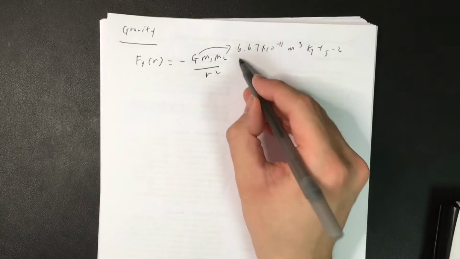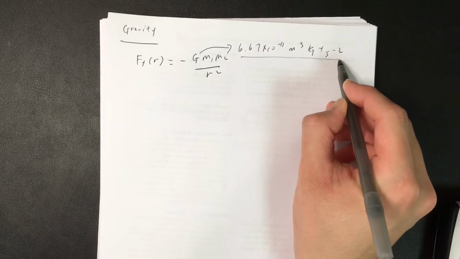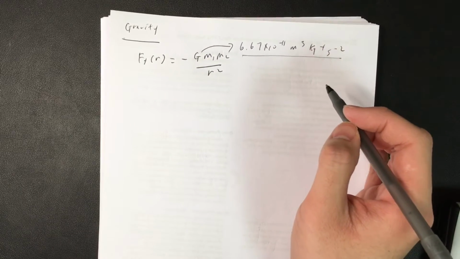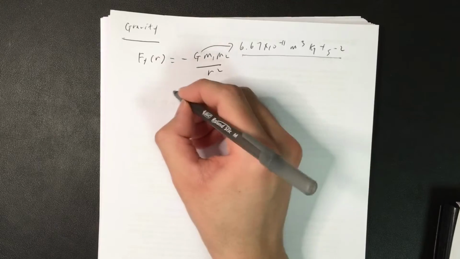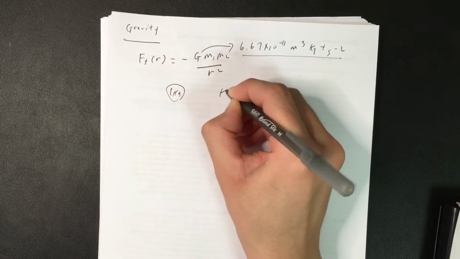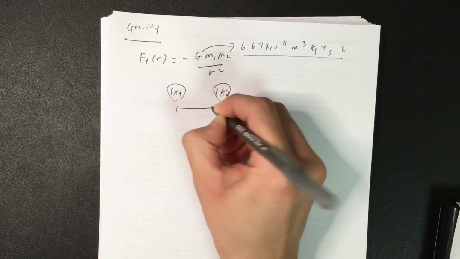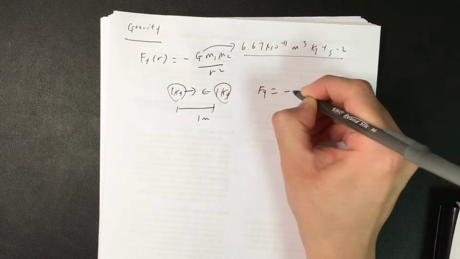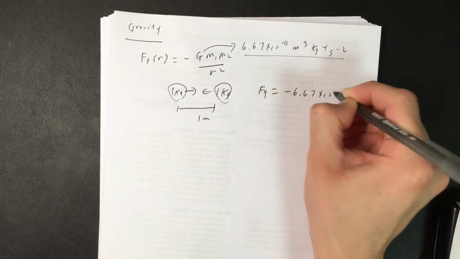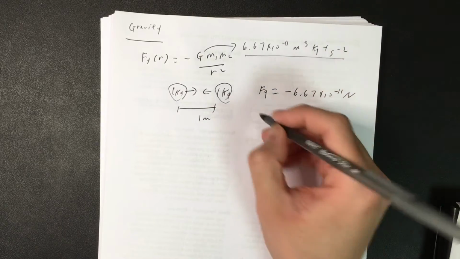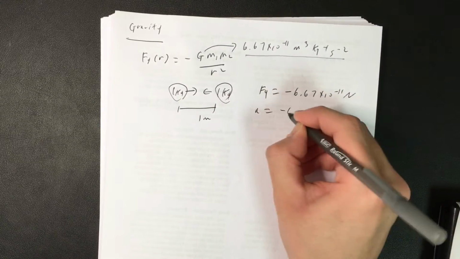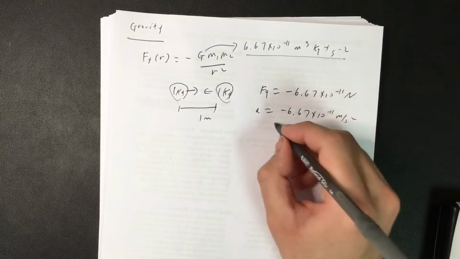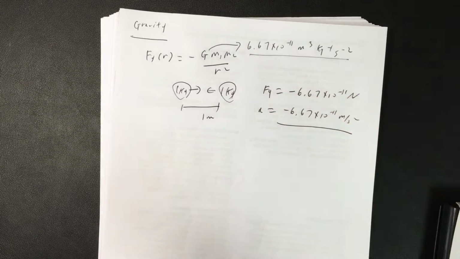Now, because this gravitational constant is so small, this is the reason why people say gravity is one of the weakest forces. Because if you imagine two objects both having a mass of 1 kilogram separated by 1 meter, the gravitational force equals negative 6.67 times 10 to the negative 11 newtons, which means the acceleration equals 6.67 times 10 to the negative 11 meters per second squared, which is totally negligible.